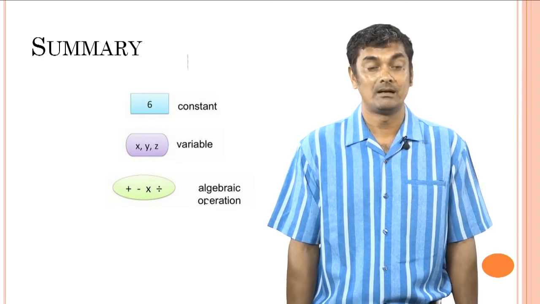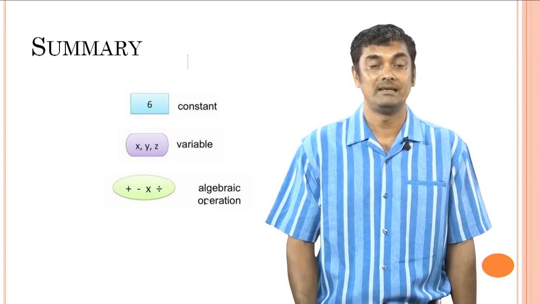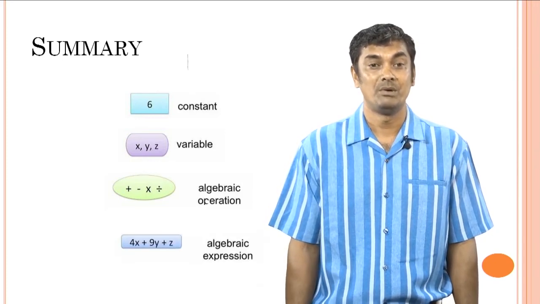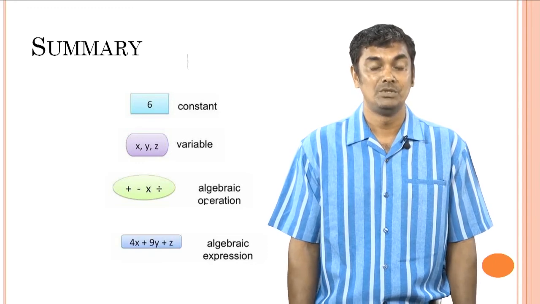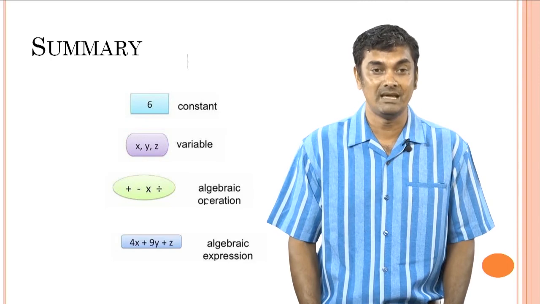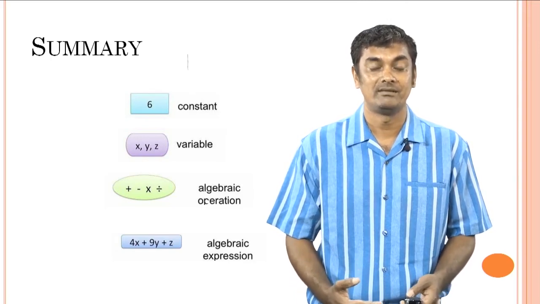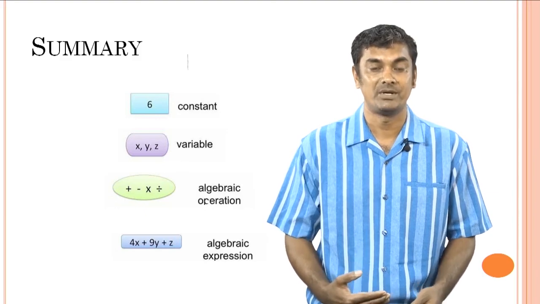We went on and talked about the algebraic operations, which would be the plus, the subtraction, the multiplying, and the division. And when we combine all of them, using constants or coefficients, using variables with algebraic operations, what we have are algebraic expressions.